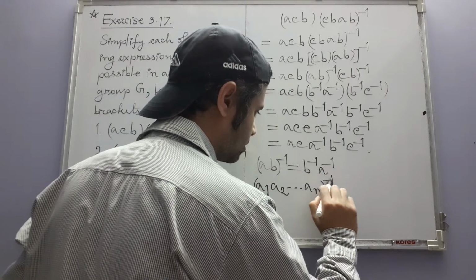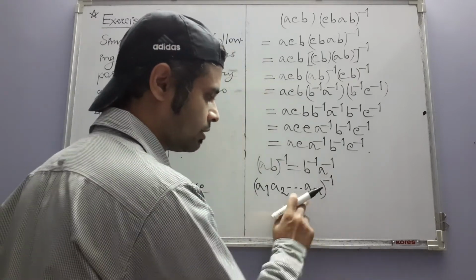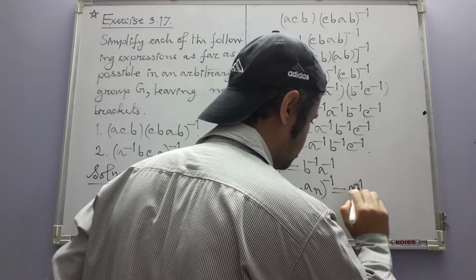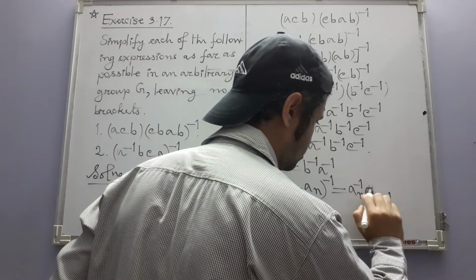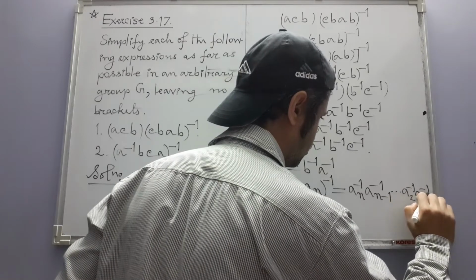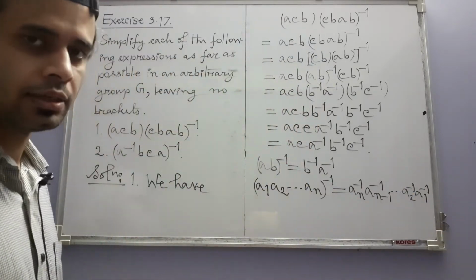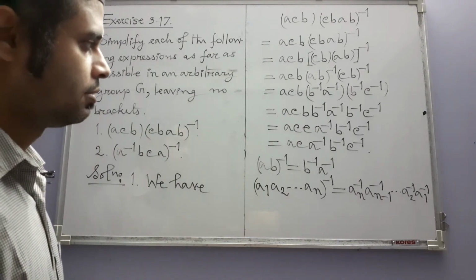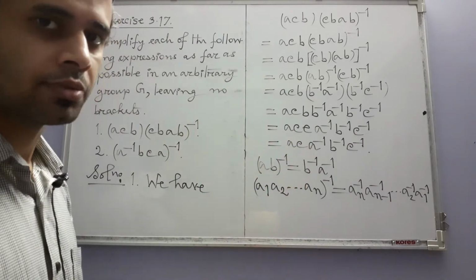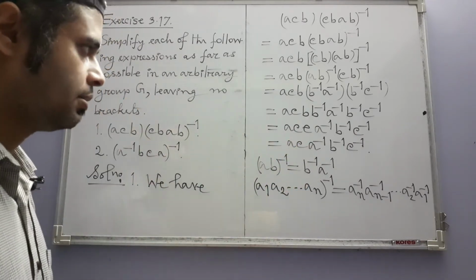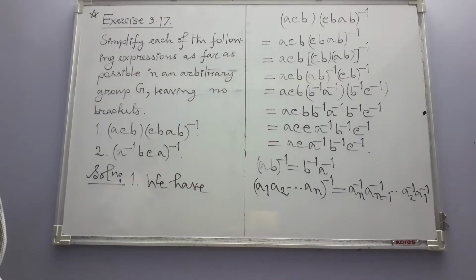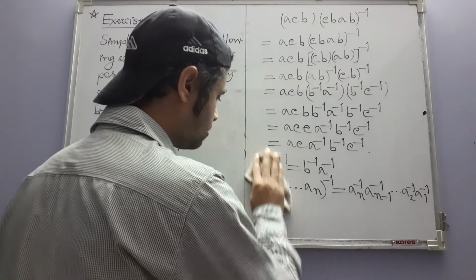You take their product and take the inverse of the product, then this is equal to this. And this can be proved by induction on n. And this is as far as we can go. This is the most we can simplify if our group is an arbitrary group, and here we are given an arbitrary group without any further restriction on the group. So this is the first one.